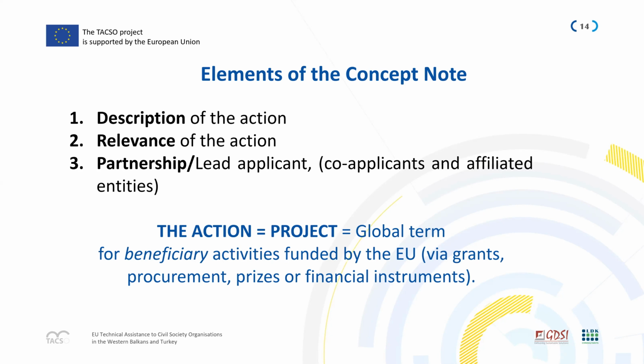So the application as such has, let's say, three main elements. One relates to description of the action. Another one relates to relevance of the action. And then the third one relates to actual presentation of the lead applicant, co-applicants, and affiliated entities.